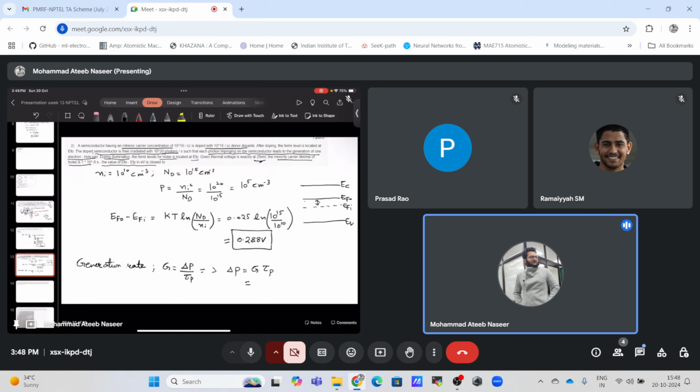The generation rate is 10 to the power of 20, and the minority carrier lifetime tau p is 10 to the power of minus 6, so delta P is of the order of 10 to the power of 14 per cubic centimeter. Can you see a significant change? Initially it was just 10 to the power of 5, now it is 10 to the power of 14. So the effective hole concentration has increased a lot.